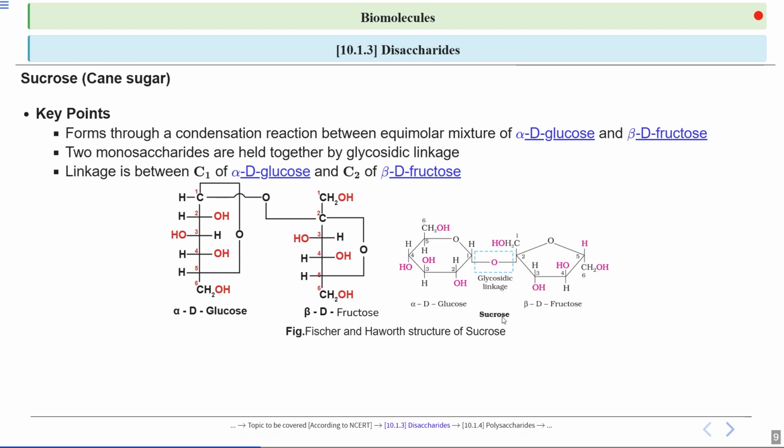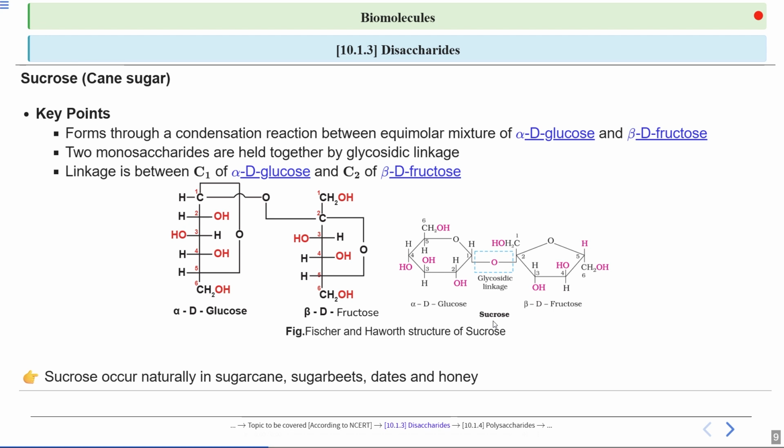In the Haworth projection, this is carbon 1 of alpha D glucose and this is carbon 2 of beta D fructose, and they are joined together by this glycosidic linkage, which forms sucrose. So this is important. You have to remember how this linkage is formed, or which carbon of alpha D glucose and which carbon of beta D fructose link together to form sucrose.